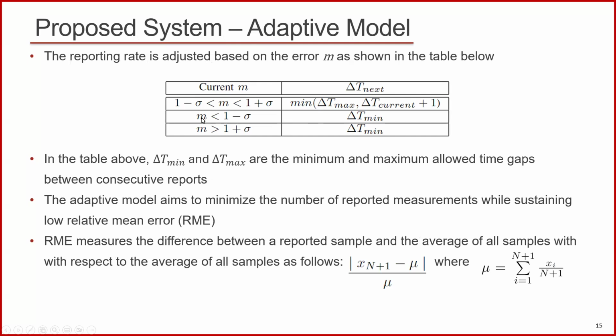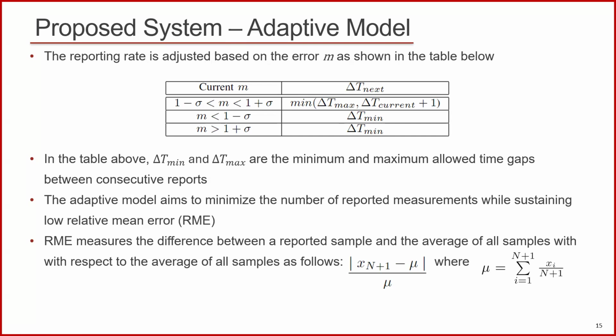On the other hand, if the error is not within sigma from unity, we'll set delta T next to be delta T min, which is the minimum possible, and it's equivalent to the extraction rate. So every measurement extracted from the data plane will be reported from the control plane to the archiver. And delta T min, delta T max are the minimum and maximum allowed time gaps between consecutive reports, as we said. Now, how can we evaluate the system?